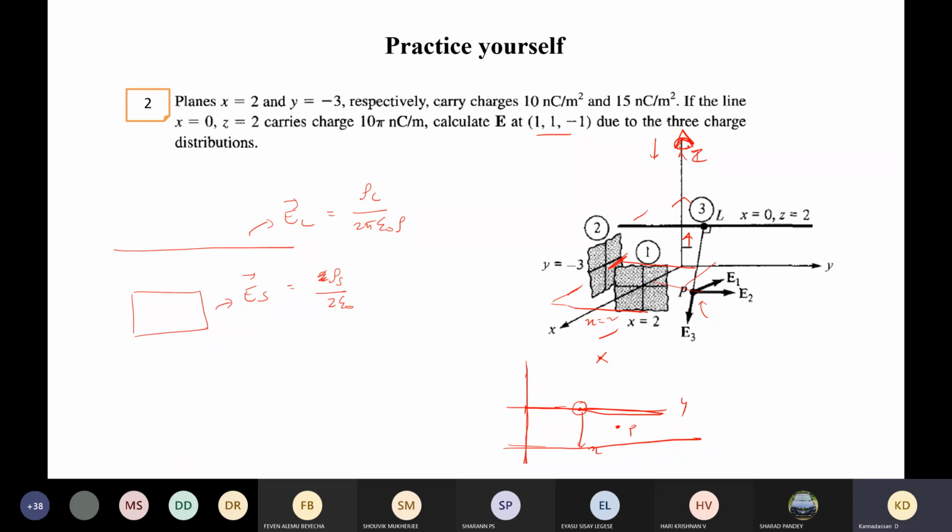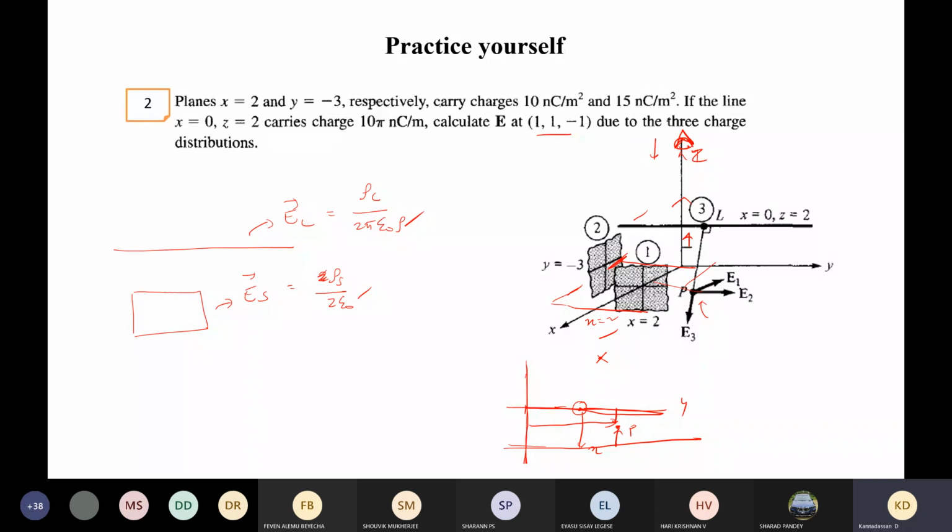So how do we calculate this? You have to find this distance, this distance, and this distance, and substitute them here. For the sheets there is no need to substitute, because they are already infinite, so you can easily solve the problem. Finally, you only have to worry about the vectorial direction.